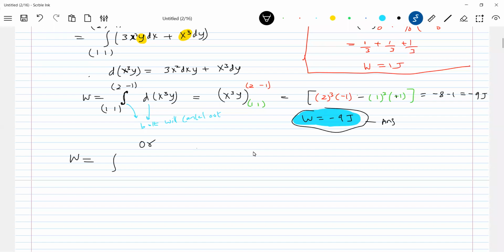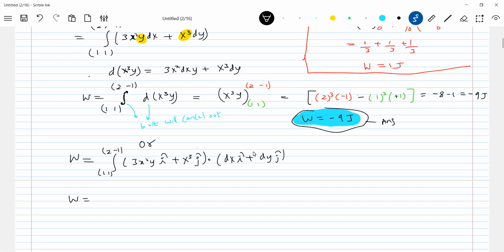The question was 3x square y, the limit was 1 comma 1, 2 comma minus 1.